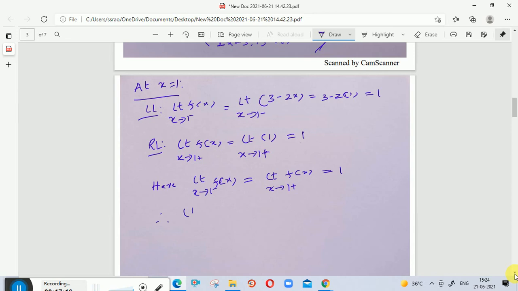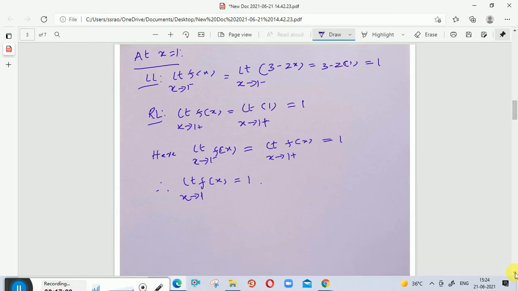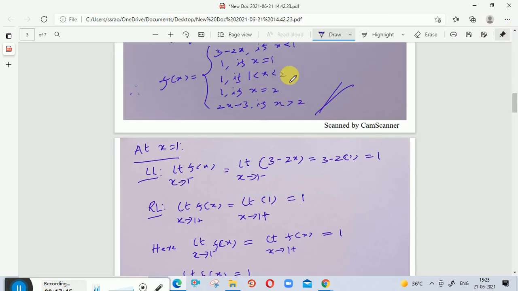Therefore limit x tends to 1 f of x is equal to 1. Okay. Now at x is equal to 1, f of x is 1. So we have f of 1 is equal to 1.